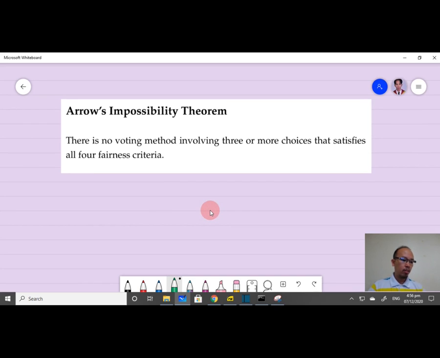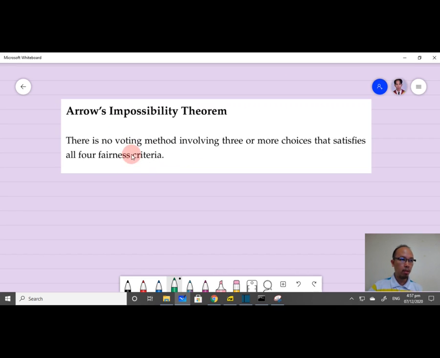Okay, so what does this mean? This means that none of the voting methods that we have discussed earlier is fair.